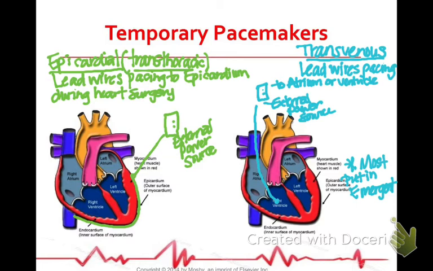For whatever reason, it was not working. So the doctors put in a transvenous, just until they could go back in and fix it, or put in another pacemaker for him. So this was just like a 24 or 48 hour type thing. But most of these are emergent. And they're usually just to bridge for surgery until they can get a permanent one in.